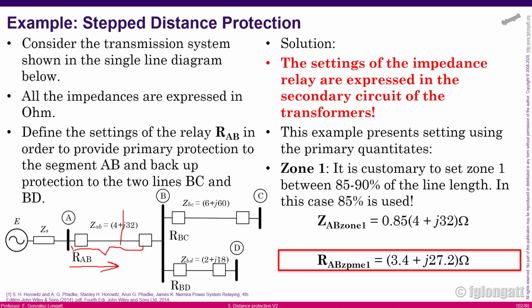For Zone 1, we want to go between 85 and 90% of the total impedance. In this case, we say that we want to go for 85% of the total impedance. We put the numbers in and we get the setting for Zone 1. Okay, simple.